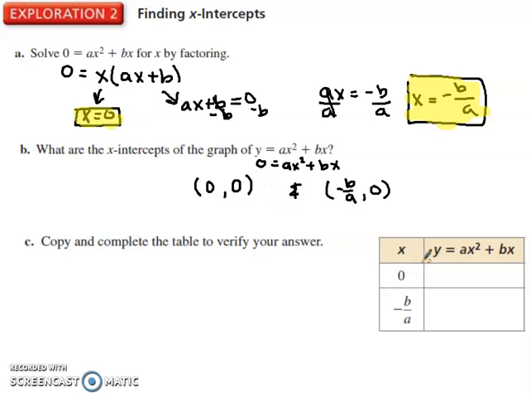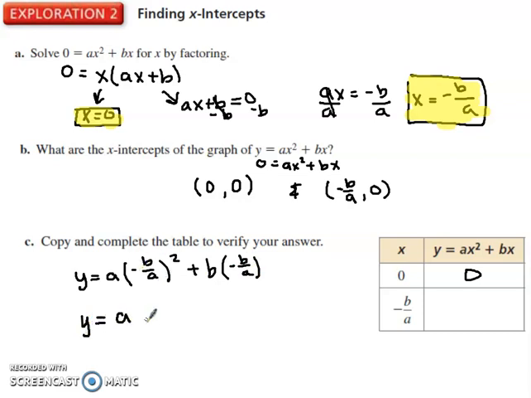We can verify that by completing my table. If I plug in a 0 to this equation, my y value is going to equal 0. If I put in a negative b over a, I'll actually multiply that out. I start by doing exponents first. So negative b over a all squared. Negative b times negative b is positive b squared.